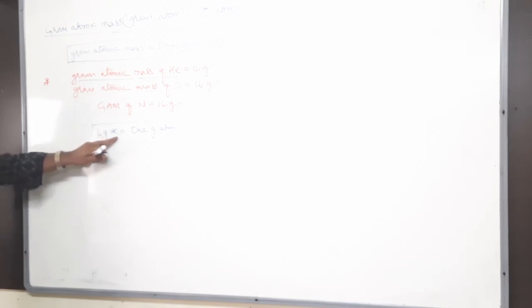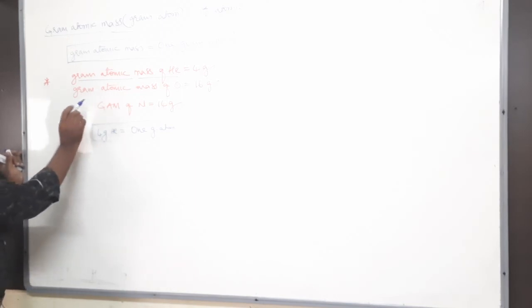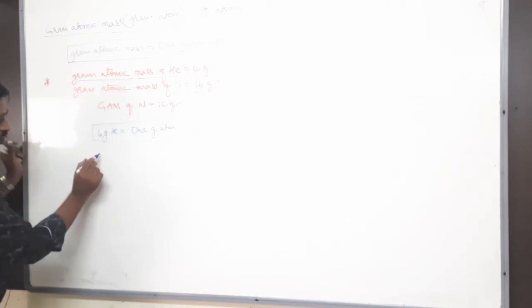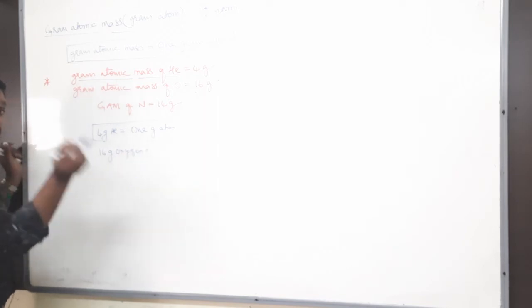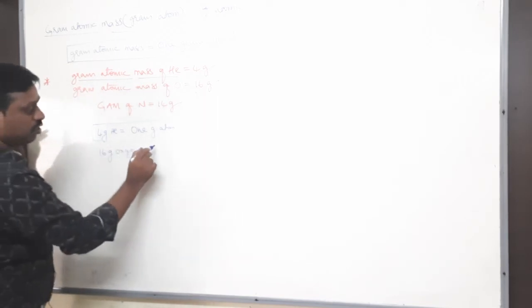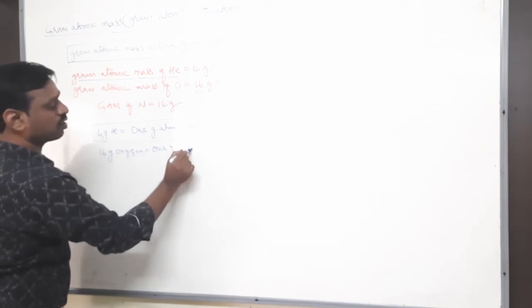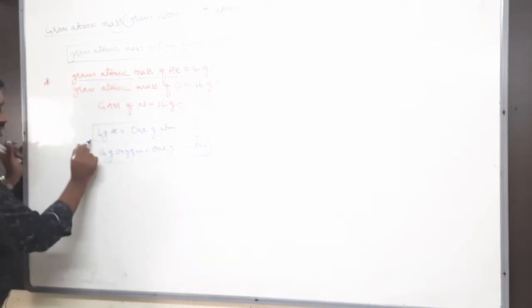Therefore, 4 grams of helium equals 1 gram atom of helium. One more: the gram atomic mass of oxygen is 16. Therefore, 16 grams of oxygen equals 1 gram atom of oxygen.